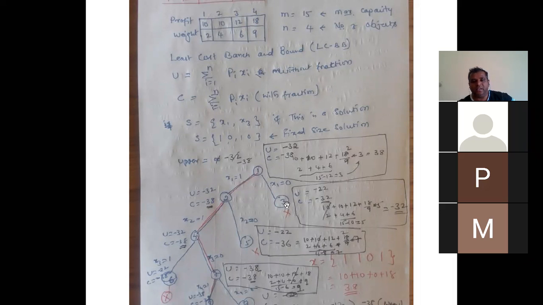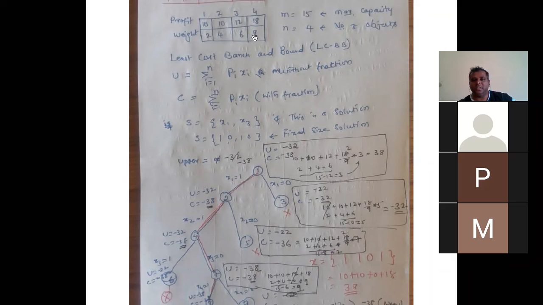Without considering the first object, x1 equals 0, so the first object is not considered. Taking the second, third and fourth, the maximum capacity is 15. The second object weight is 4 and is completely considered, so the remaining capacity is 11. The third object is also completely considered, so after inclusion of the second and third objects, the remaining capacity is 5.